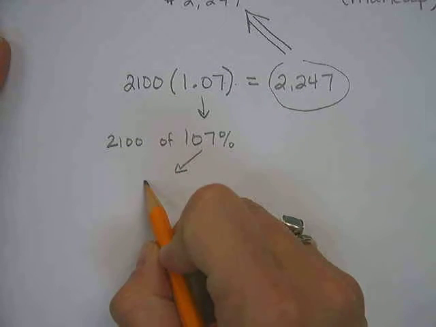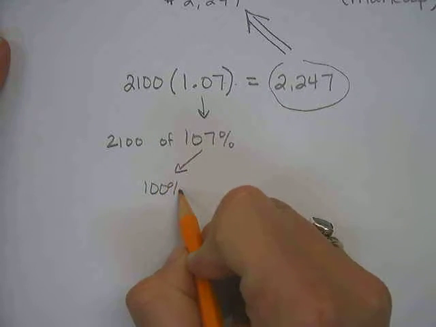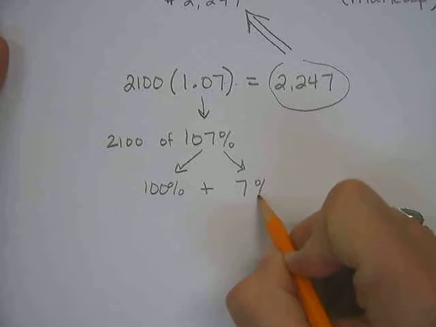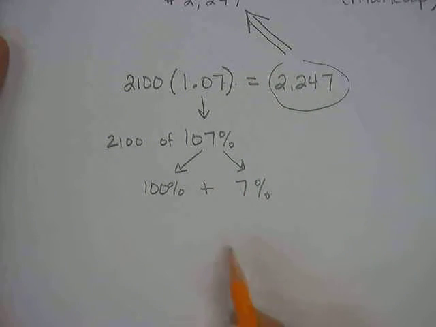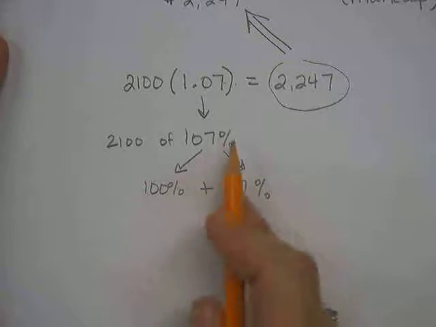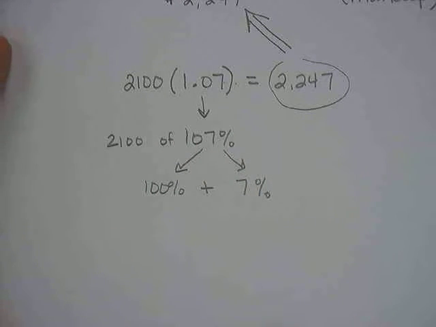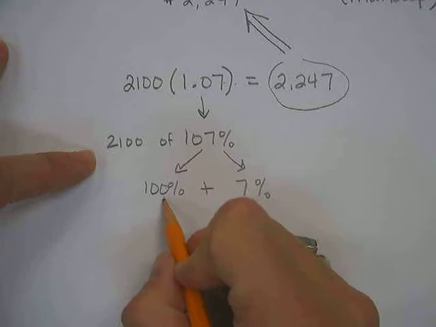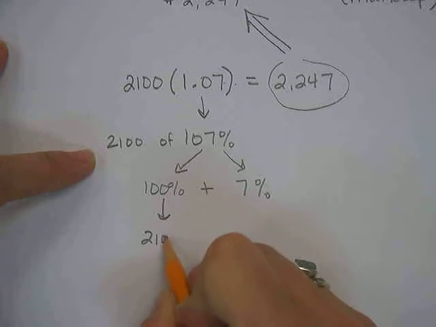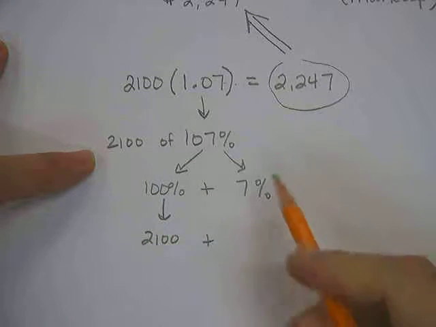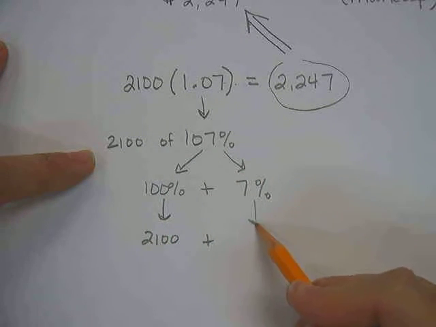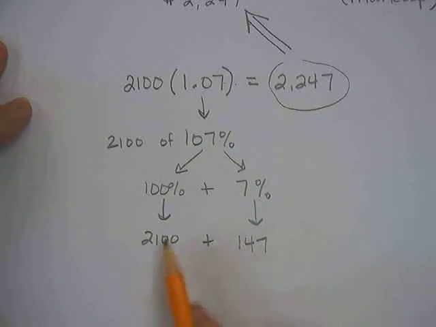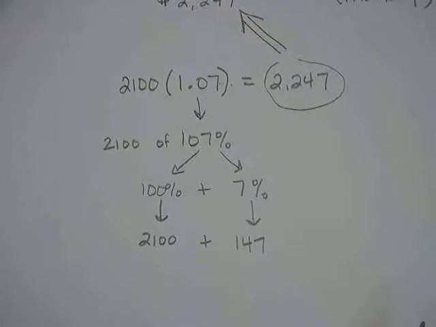Isn't 107% taking 100% of the price and adding 7% of the price? Because 100 plus 7 is 107%. So we talked about this yesterday. 100% of something is that whole amount, and 7% of 2,100 came out to be 147, and that's why we got the exact same answer.